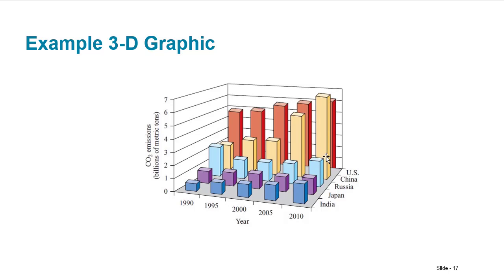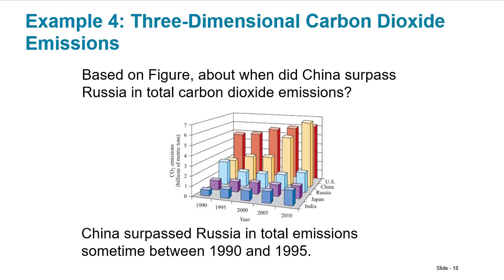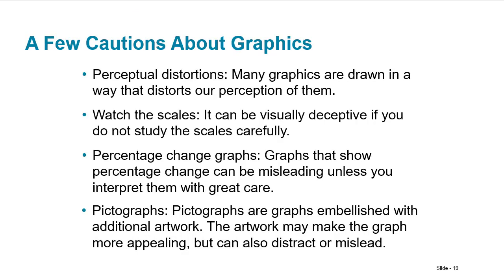But you're not comparing volumes, you're just comparing heights, is what you should be doing, right? So three-dimensional ones can be misleading very easily. And so that's what brings us to the last couple slides where we talk about cautions about graphics and how they can possibly be misleading.